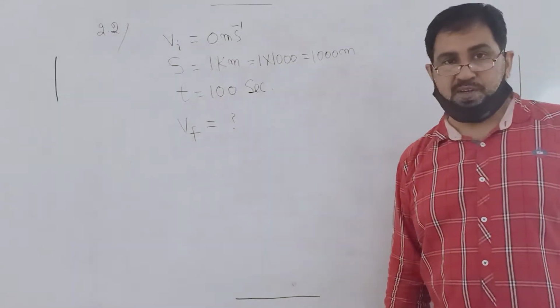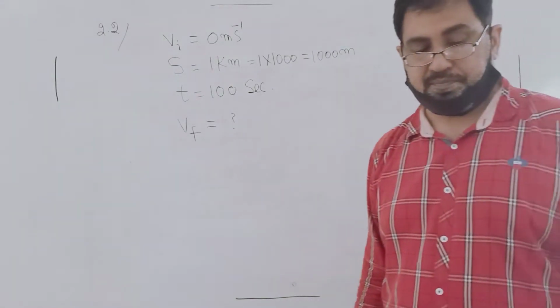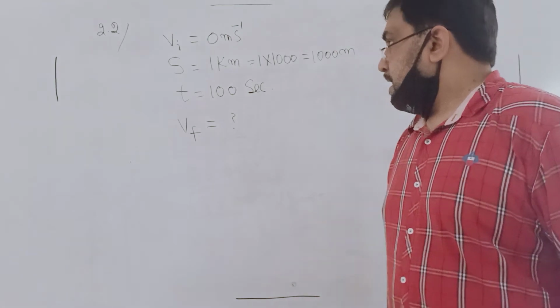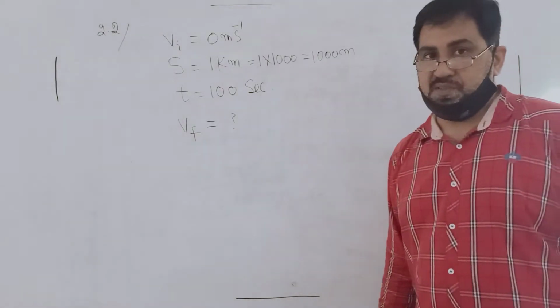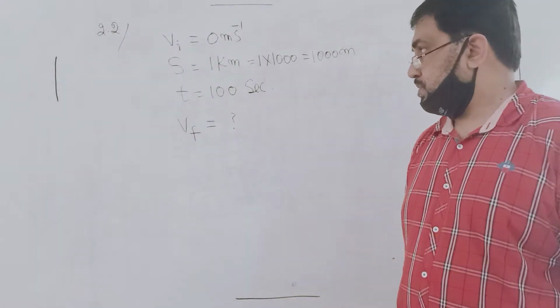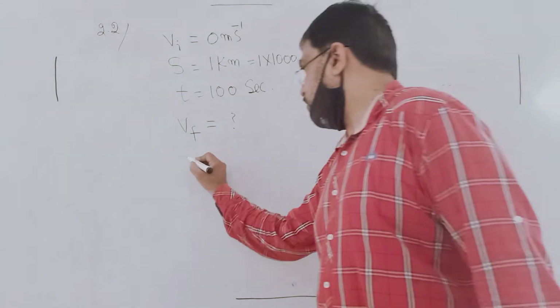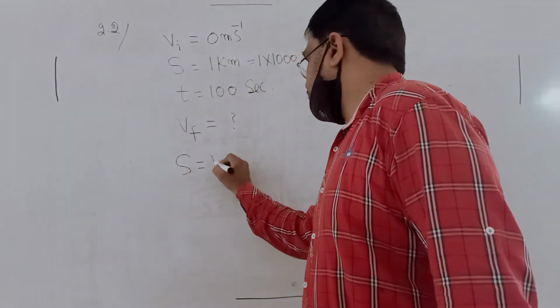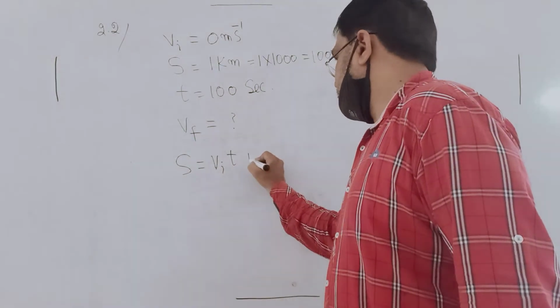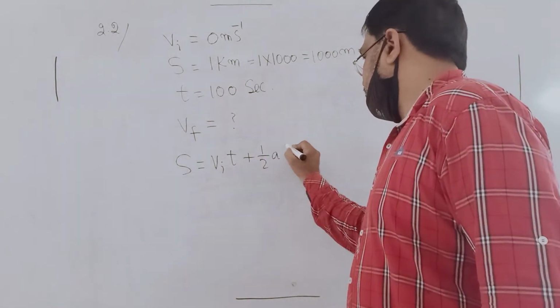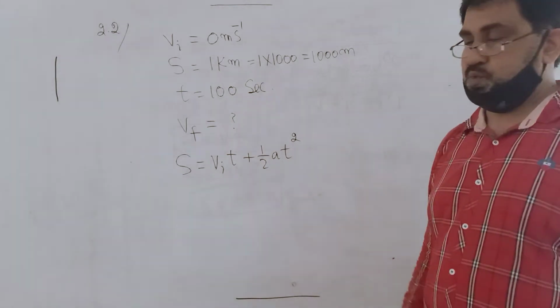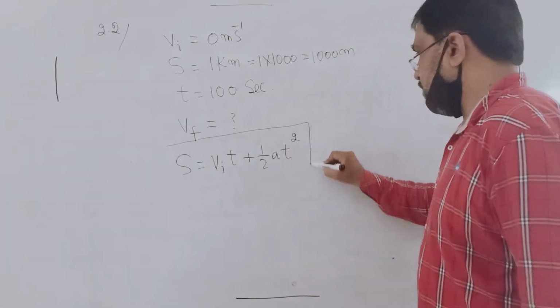Vf is equal to question mark. Here we use second equation of motion in order to find acceleration. So formula is S is equal to Vit plus half At square.